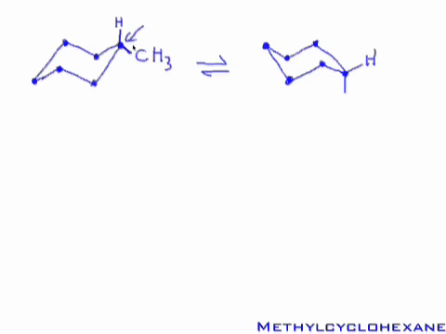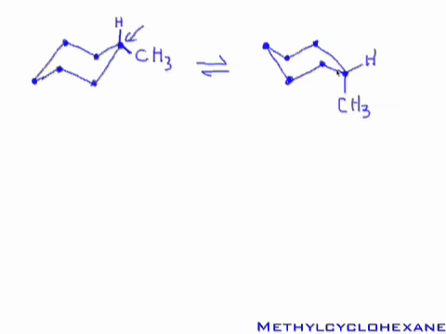This vertex is higher than the two vertices it's attached to. Because of this, it's pointing up, so I put the H pointing up. Now the vertex is lower than the two vertices it's attached to. Because of that, when it's lower, I put the line down. And so we now have a CH3.